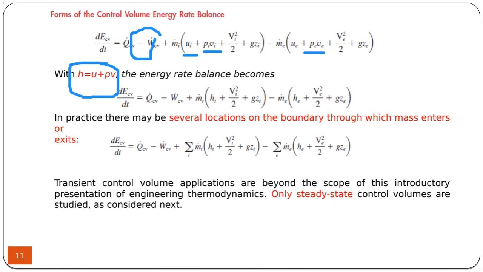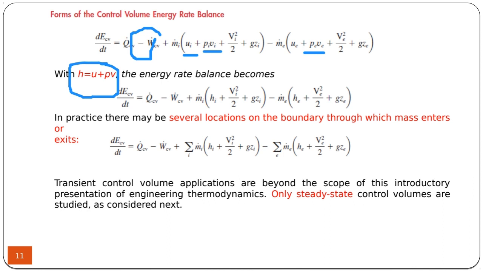If there is more than one inlet and exit, we can write this equation with a summation sign. So if you have n number of inlets and n number of exits, you can write the total incoming energies under a summation sign and the total exiting energies under a summation sign as well. Most of the time, we have situations where the system is run at steady state.